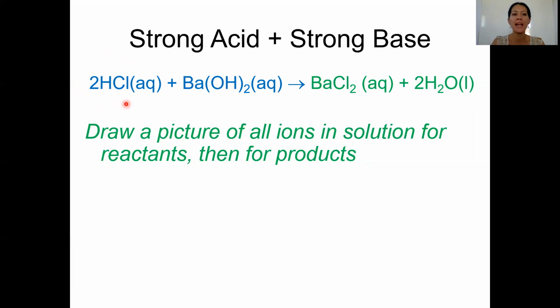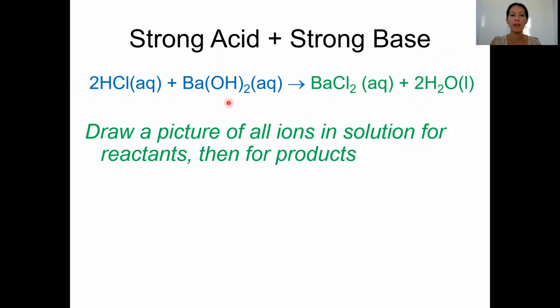That's why I have 2 HCl's. So think about that when you're doing these reactions. You can kind of solve this problem and predict the products by doing the inside-outside method, or making sure you balance the equation, or just realizing, okay, 2 hydroxides and 1 H plus. We'll need 2 in front here. And then you get barium chloride as well as 2 waters.